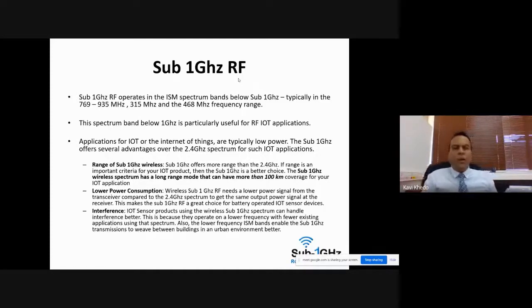Here we are talking about technologies that use a frequency less than 1 gigahertz, typically in the 700, 900 megahertz, 300 megahertz, 400 megahertz range.